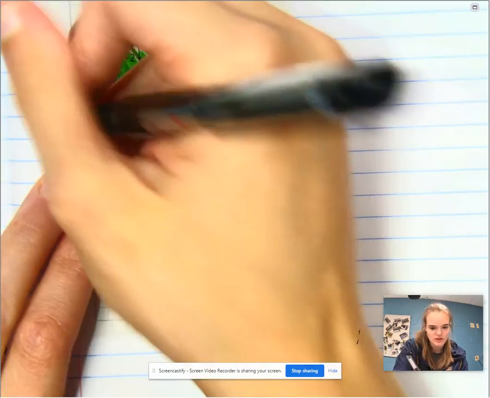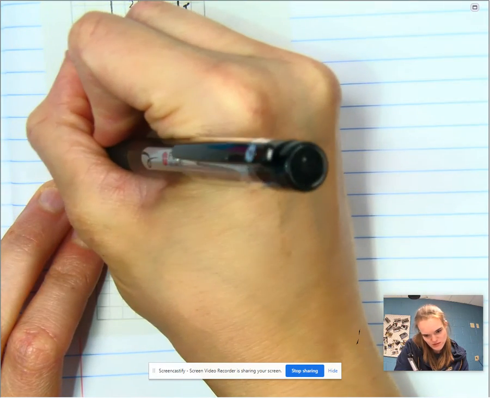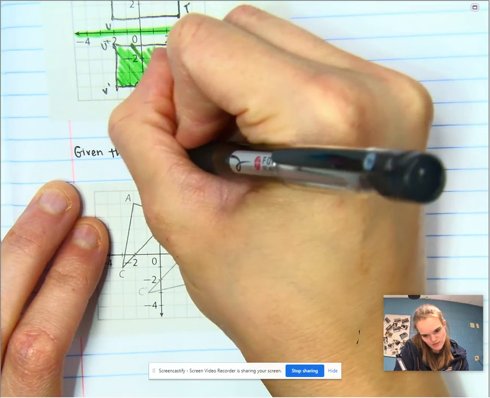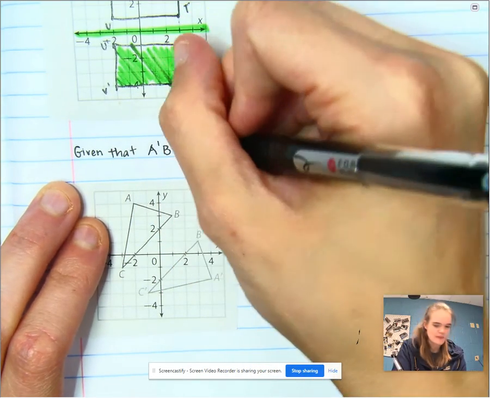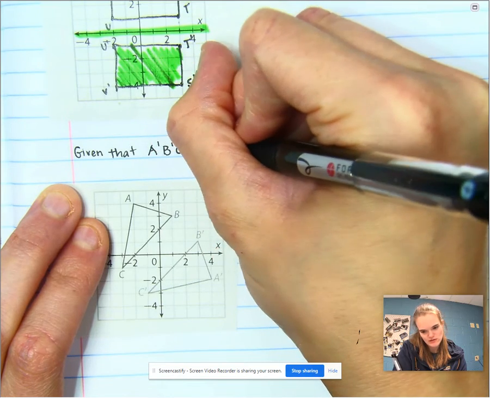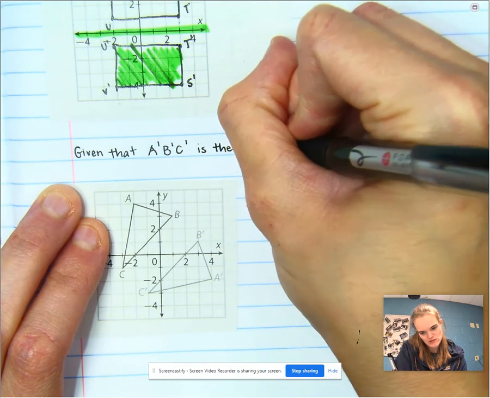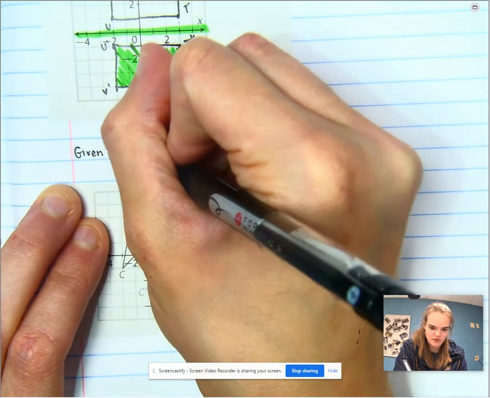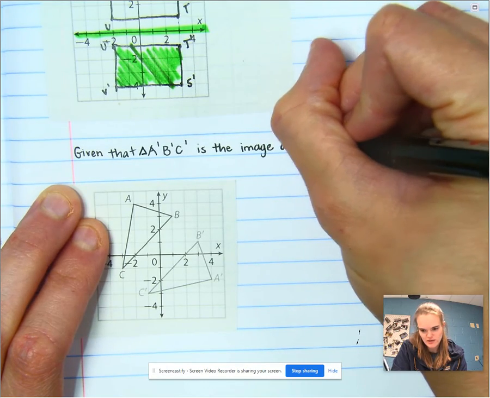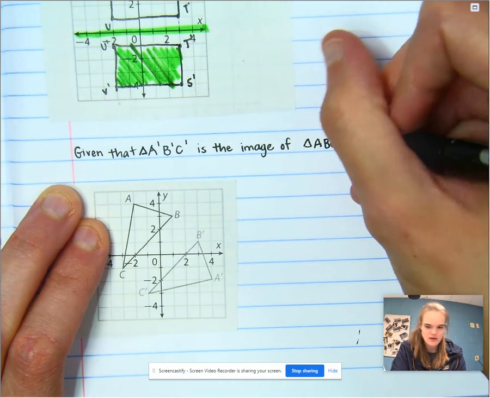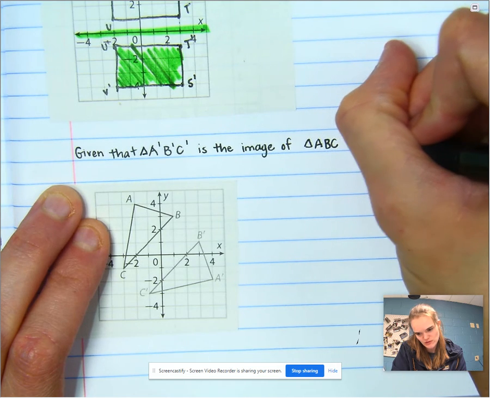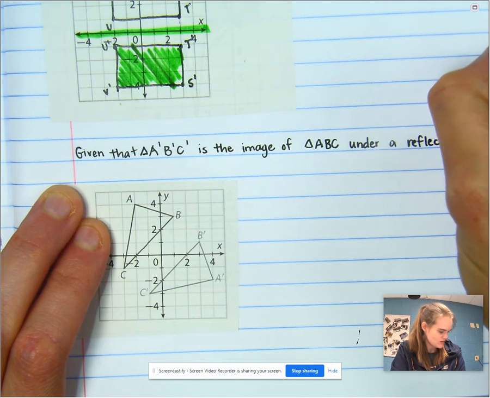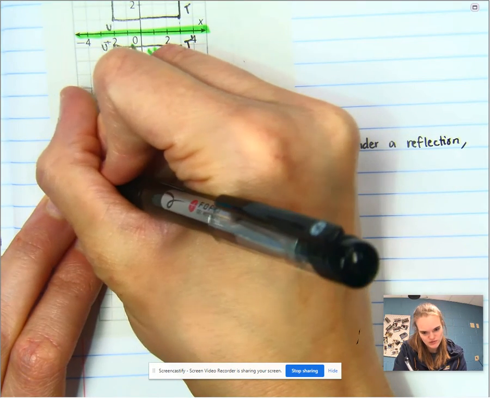The instructions: Given that A prime, B prime, C prime is the image of, forgot a little triangle symbol in front of it, triangle A, B, C under a reflection, draw the line of reflection.